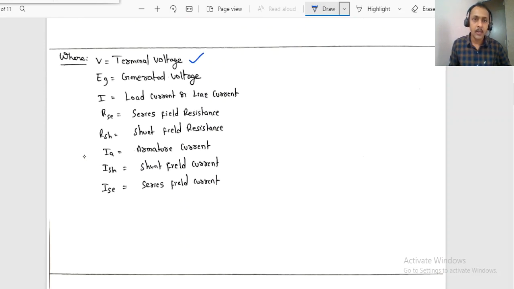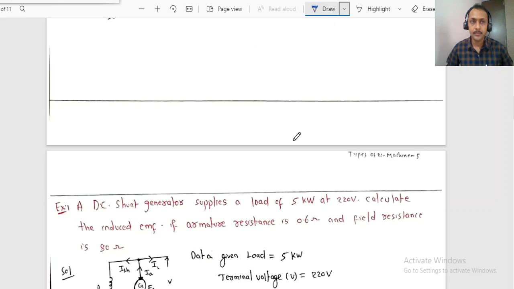V terminal voltage, EG generated voltage, I load current or line current, RSC series field resistance, RSH shunt field resistance, IA armature current, ISH shunt field current, ISC series field current. These are the important variables you have to indicate, right?